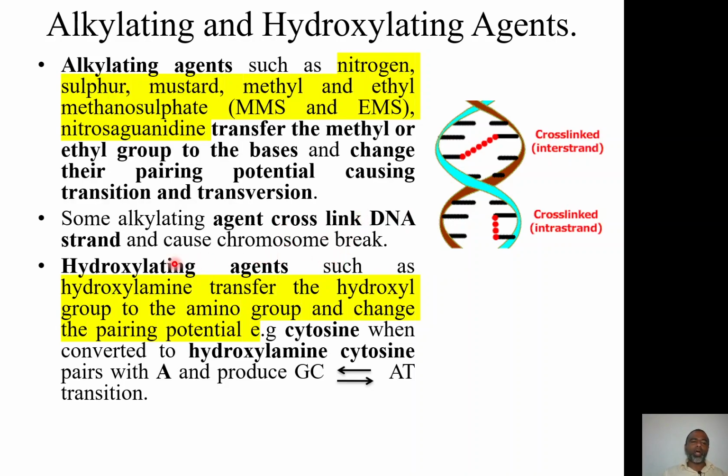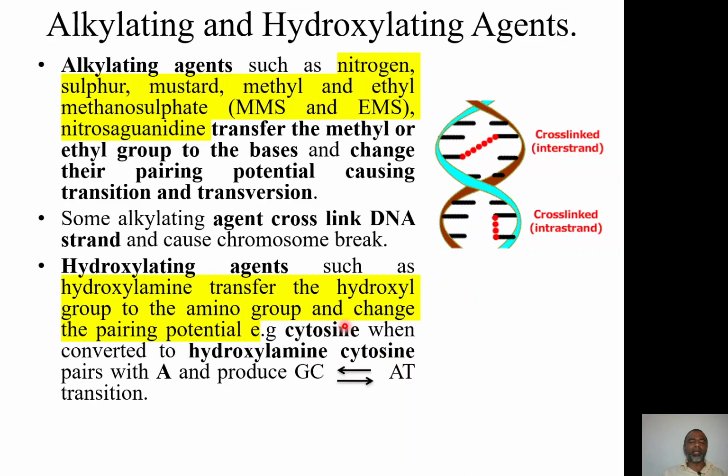Then you have the hydroxylating agents, like hydroxylamine, which transfer the hydroxyl group to the amino group and change the pairing potential. For example, when cytosine gets the hydroxyl group on its amino group, it becomes hydroxylamine cytosine, and hydroxylamine cytosine will not behave like normal cytosine.